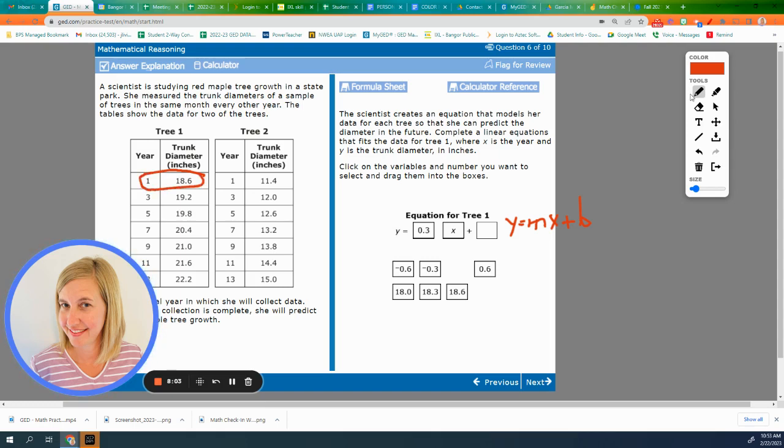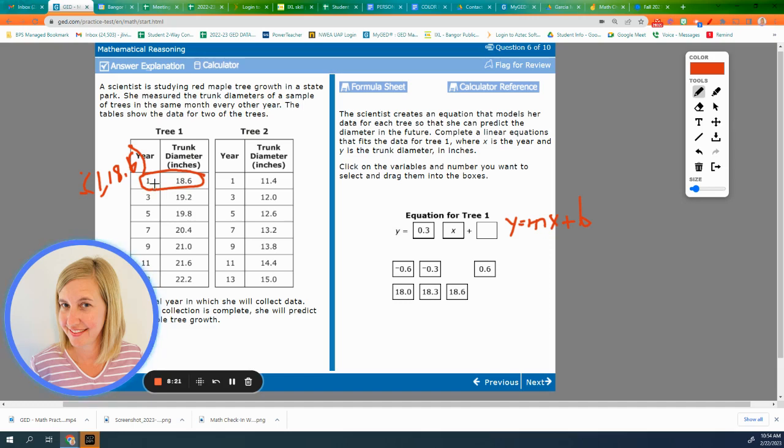This point would be 1 comma 18.6, right? So I'm going to plug those in, because working with 1 makes things really easy.